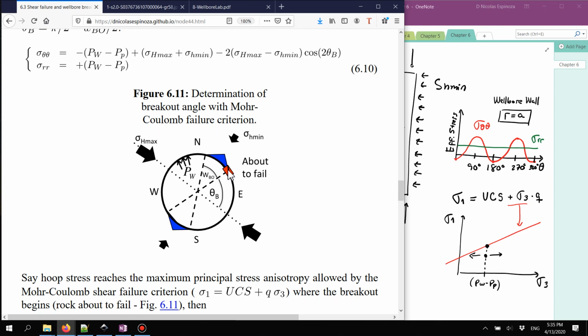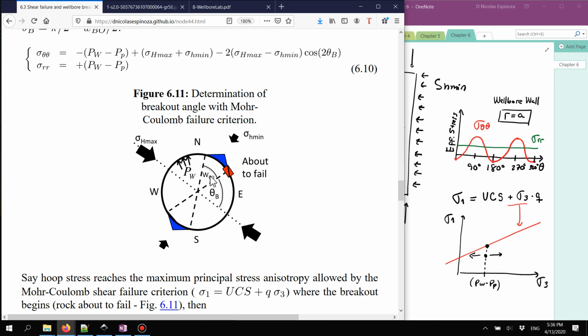This is the point at which I am at the condition of shear failure, exactly sigma 1 equal to UCS plus Q sigma 3, and all other regions do not have shear failure. All the area within the region of shear failure, between this point and that point, is the area of the wellbore breakout, and the angle going from there to there is the breakout angle.